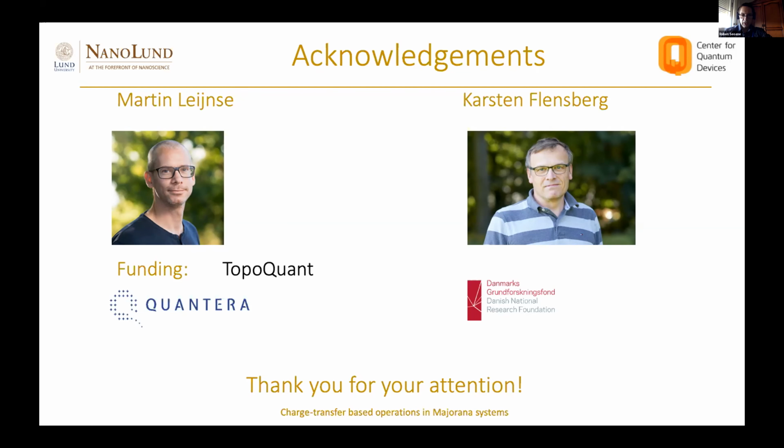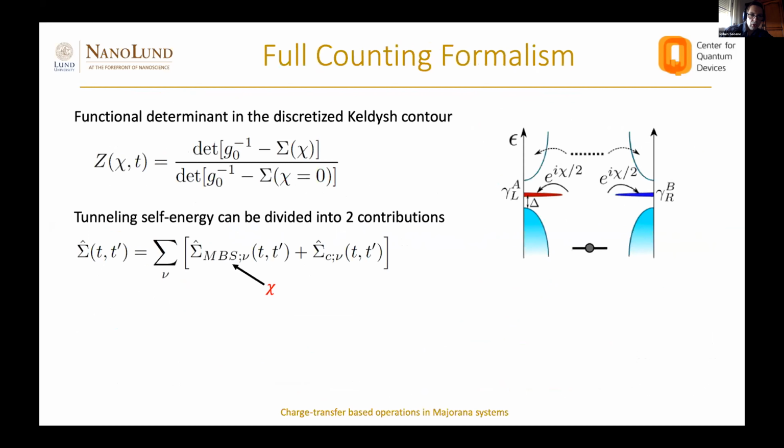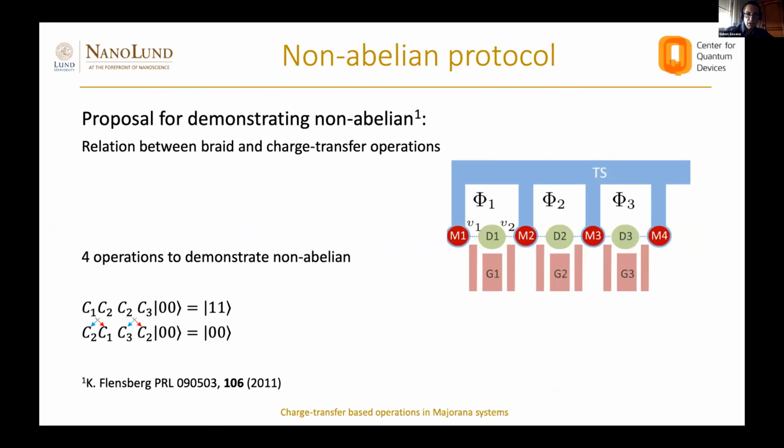Yeah, okay, so let me go back. One thing is the protocol, which is one very interesting question. The other thing is if it can be used to demonstrate non-abelian statistics. Regarding the protocol, I would say there is no difference if the Majoranas are Majoranas or quasi-Majoranas or zero energy Andreev bound states regarding one single charge transfer-based operation.